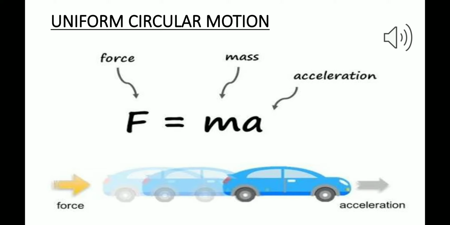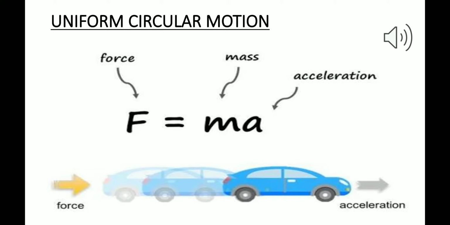When there is a change in velocity, only then is acceleration produced. The definition of acceleration is rate of change of velocity. So a force is needed to change the velocity or direction of motion in order to produce acceleration. Without a change in velocity, acceleration cannot be produced.